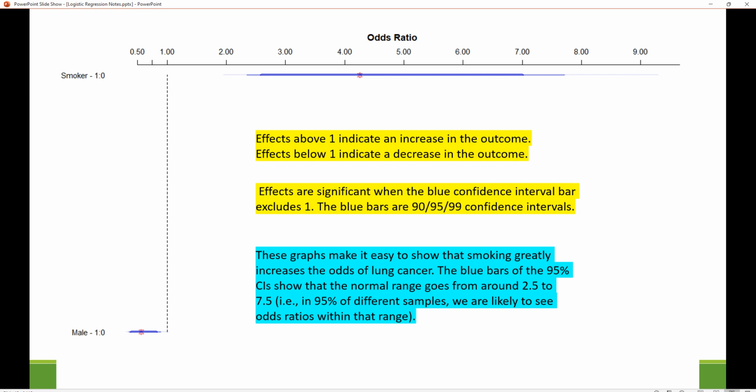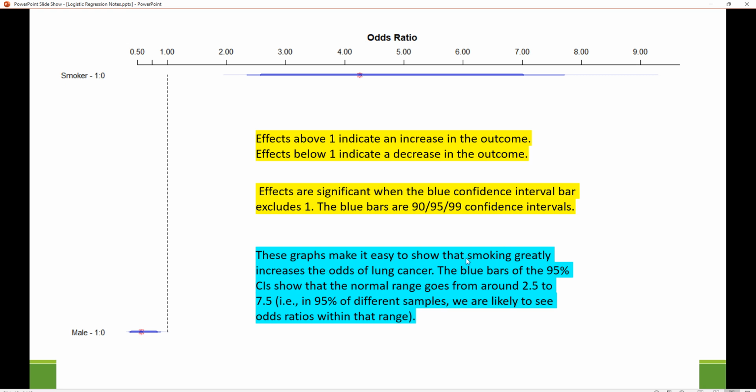If you want to be very, very confident, if this vertical gray line excludes that very light blue or the whiter blue line, that's a 99% confidence interval. So we would have maybe more certainty that these are very different than by chance.